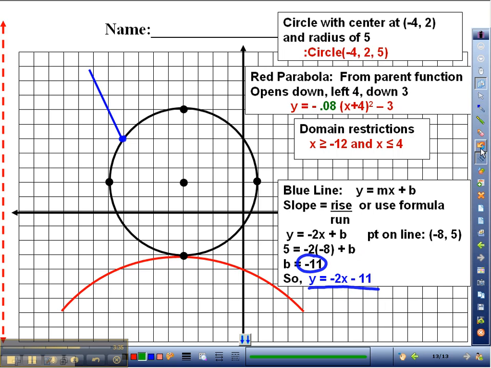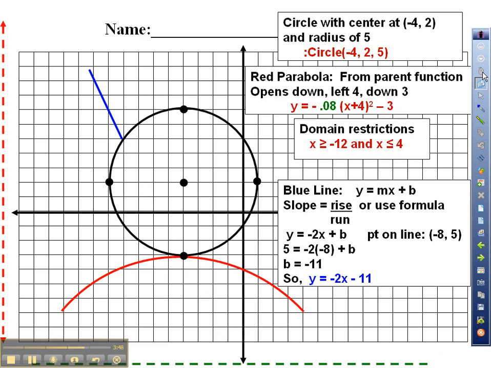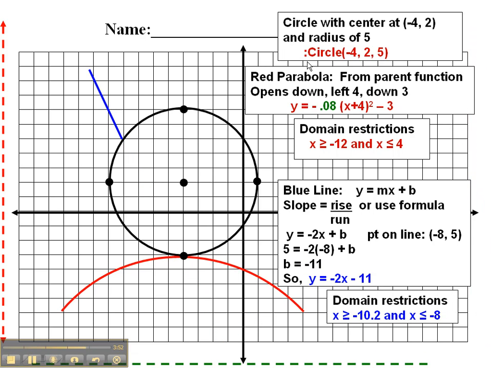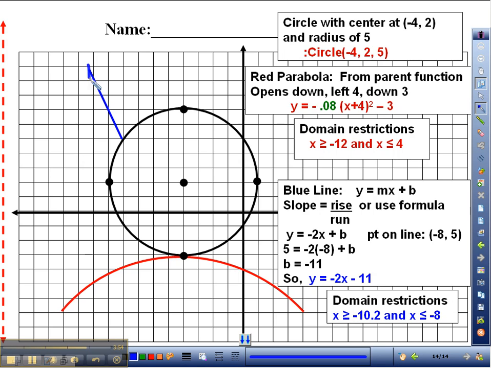You have got to use your equation if you cannot see your y-intercept, if it goes beyond your grid, like mine does right there. Otherwise, if you can see your y-intercept, you can use that. Domain restrictions, I turned it on at an x of -10.2, and I turned it off right there at an x of -8. All right?